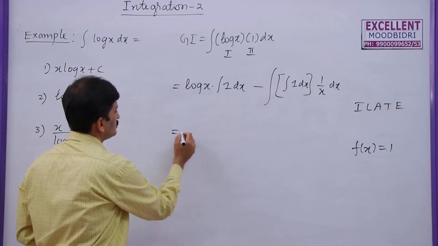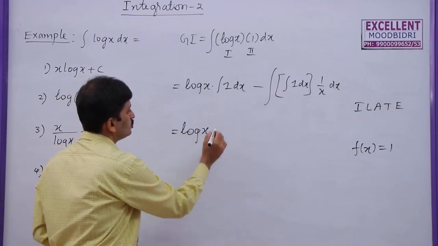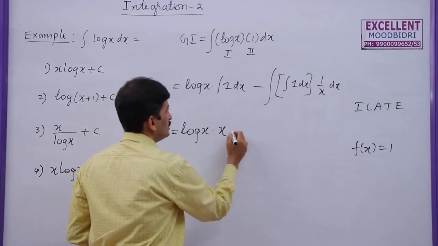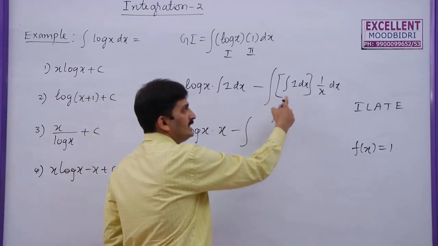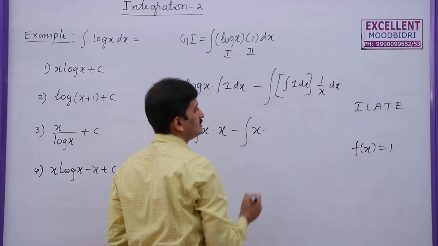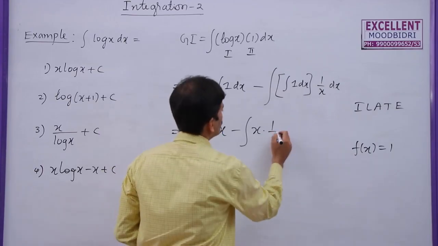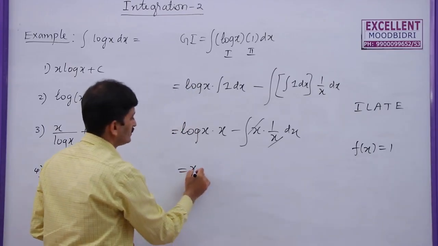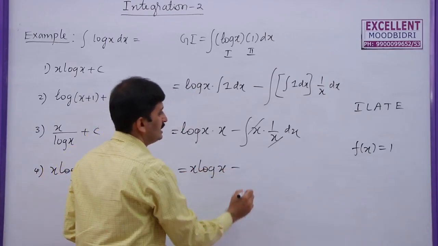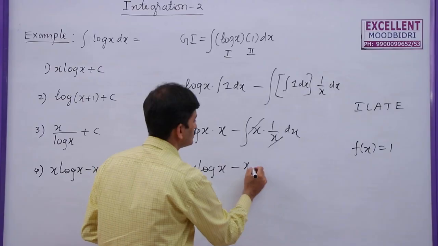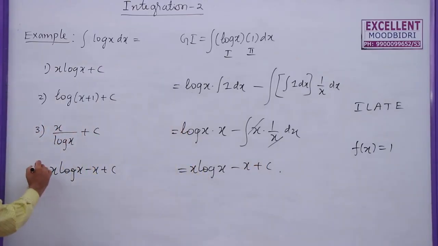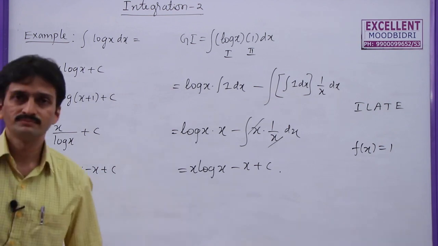That is log x into integration of 1 is x, minus integral of, again integral of 1 is x into 1 by x dx. Cancel x. So x log x minus integration of 1 is x plus c. So answer is x log x minus x plus c.